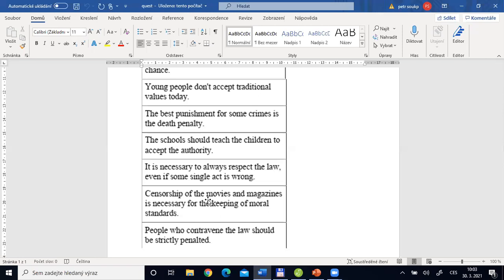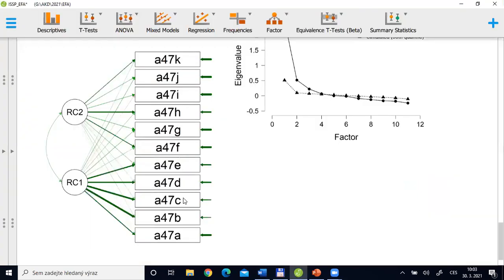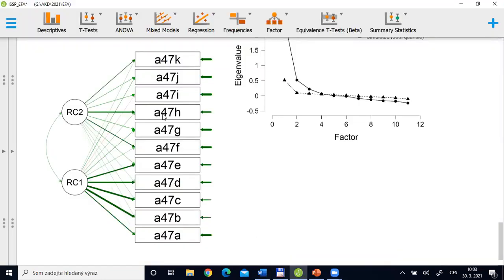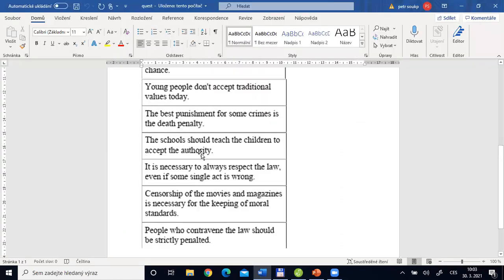Okay, so that's my expectation, that there is maybe a second dimension, which is based on these 6 items. But as we can see in my data, I can see a slightly strong relationship to A47K, H, and F. So if I'm going here, it means young people do not accept traditional values today. That's A47F. At this A47H, the schools should teach children to accept authority.